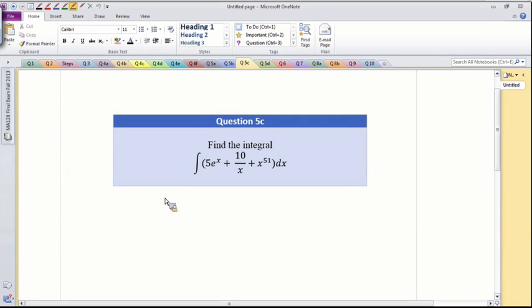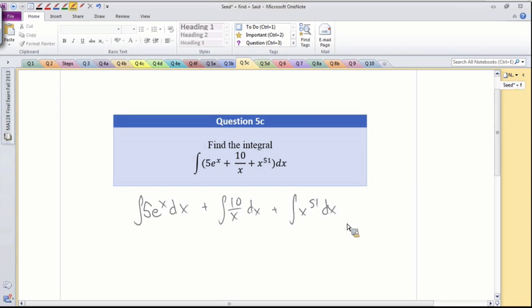So again, I'll use a property that the integral of a sum is equal to the sum of the integrals, so I'll break down each separate integral. Break this into 3 separate integrals. 5e to the x dx plus integral of 10 over x dx plus integral of x to the 51 dx.